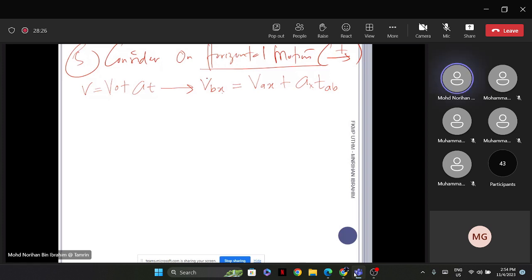Remember that another thing which needs to be considered is ax is equal to 0. There is no acceleration in the x direction, in the horizontal direction. The only acceleration is gravitational acceleration for the free flight motion, which is always directed downward, and it is equal to 9.81 meter per second squared.